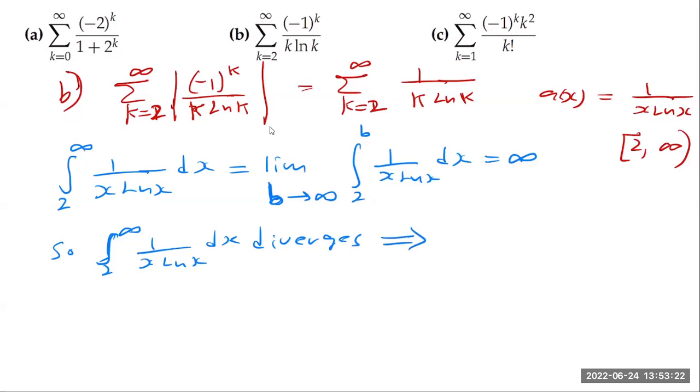That implies by the integral test, I'll write IT, integral test, the series k goes from 1 to infinity of (minus 1) to the power k over k times ln k diverges.